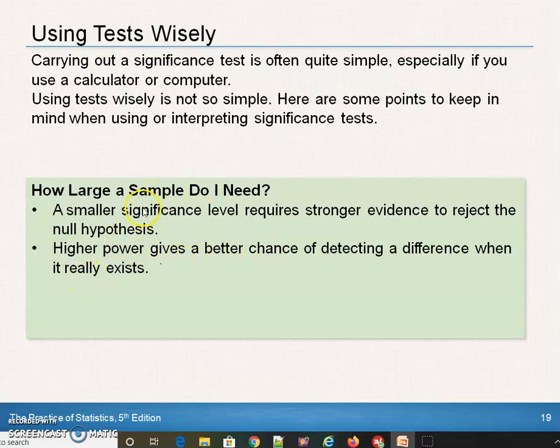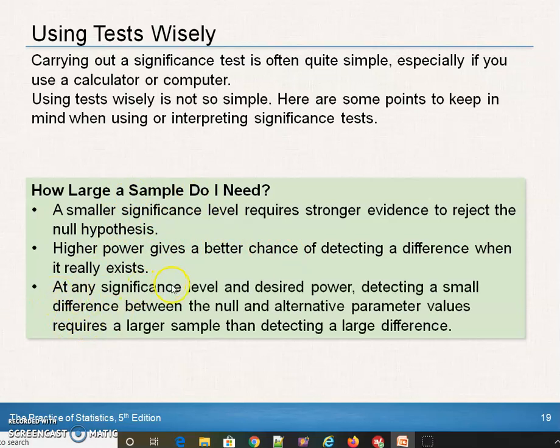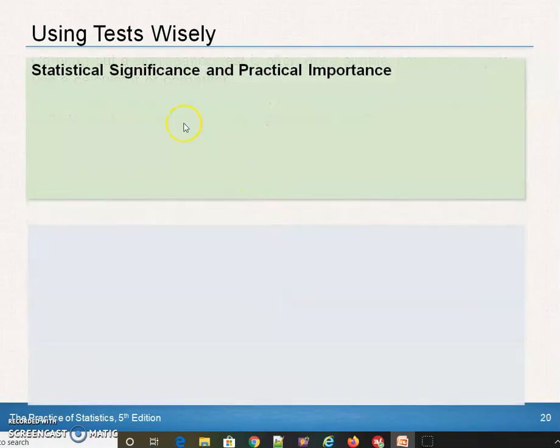And the smaller alpha makes a larger beta, but that makes the power smaller. So all this stuff is connected. Any significance level and desired power, detecting a small difference between the null and alternative, requires a larger sample. So the bigger the sample, the better. But you can go crazy too.